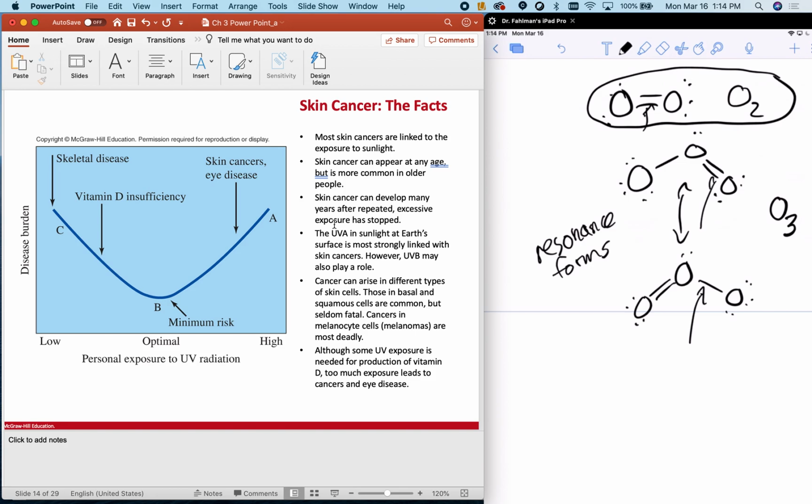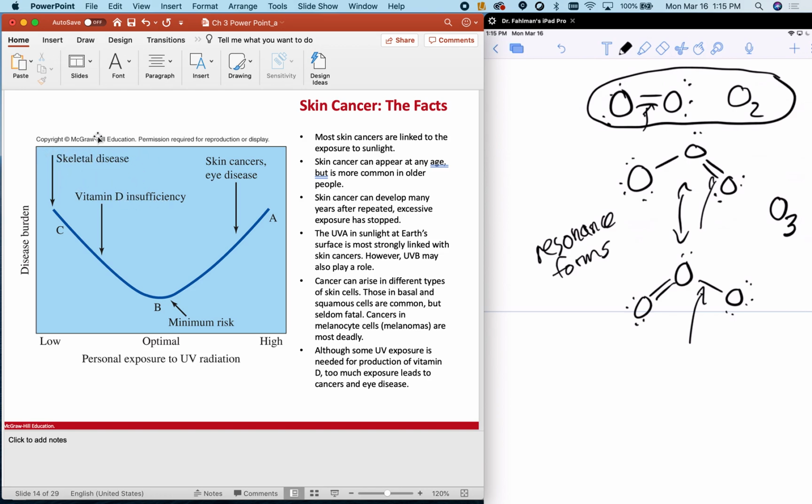Okay, so there is a fine balance. You need sun to produce vitamin D. So this is the disease burden versus exposure to UV radiation. If you have little to no exposure to UV light, that is, you just stay indoors all the time, you could get skeletal disease.